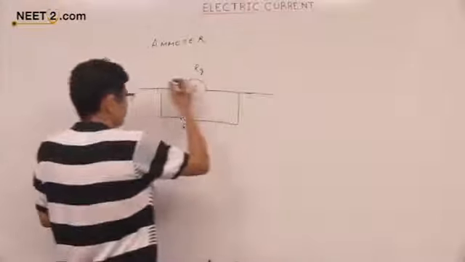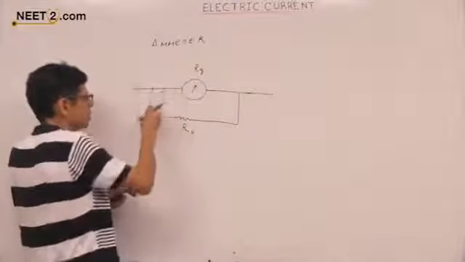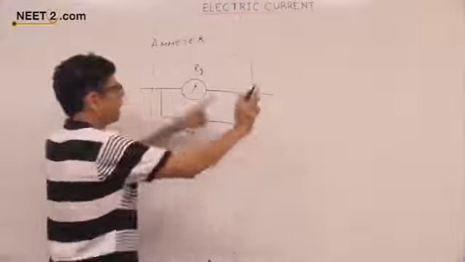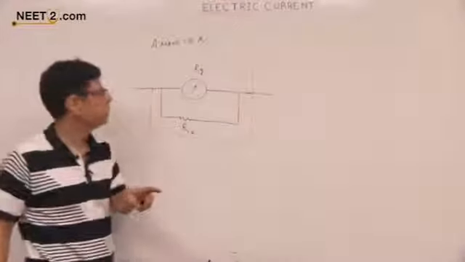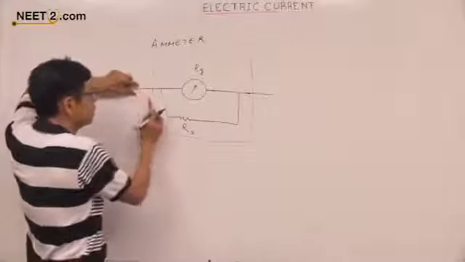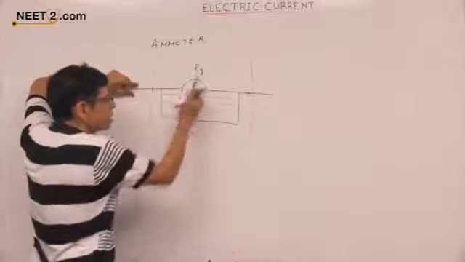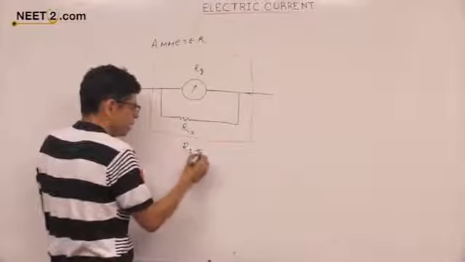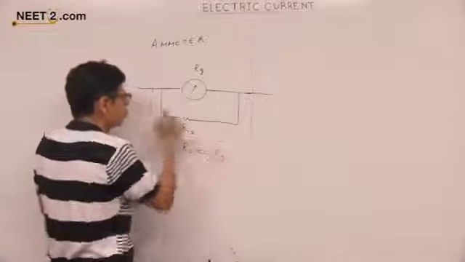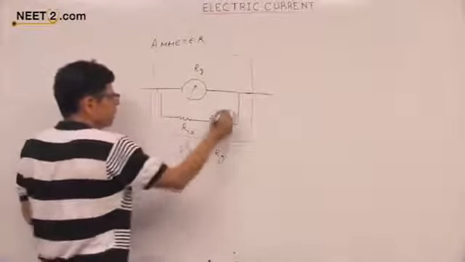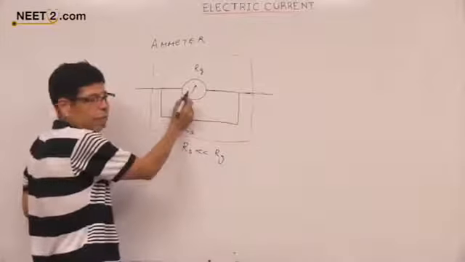Then we pack this in a plastic box and we recalibrate this device. What that means is, we'll send 1 ampere current. Since this RS is much less than RG, most of the current that you send, suppose you send 1 ampere, most of it goes this way and very little goes through the galvanometer.